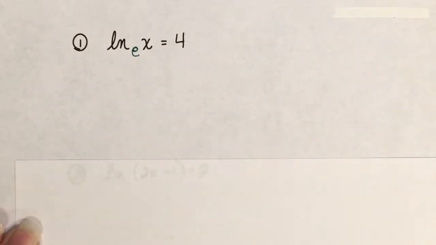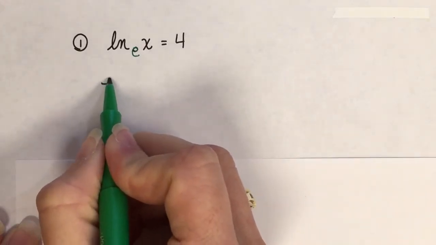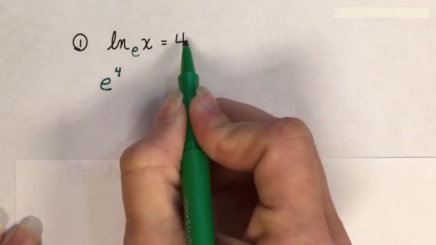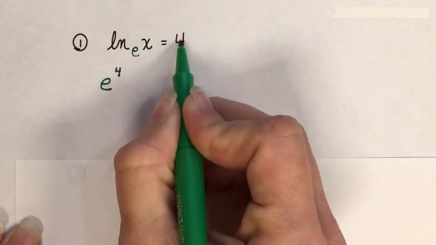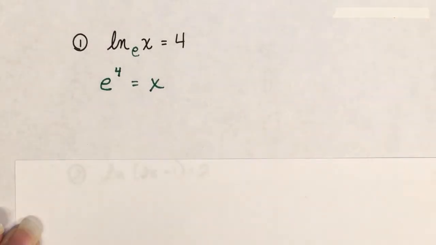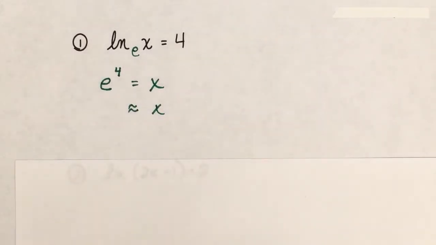So when I go to change this to exponential form, then I would have e to the 4th power. So it's always your base raised to this power equal to this. So therefore it would be equal to x. So your exact answer would be e to the 4th, but you'll just have to follow your instructions in MyMathLab as far as how to round.